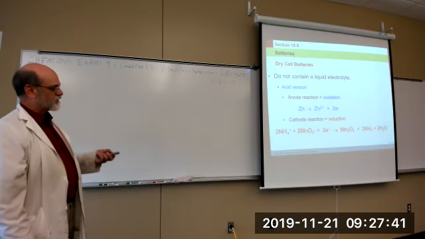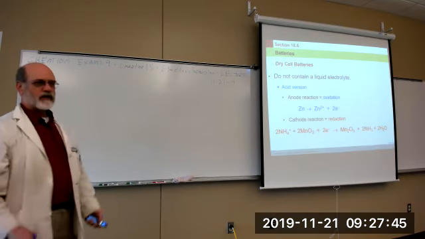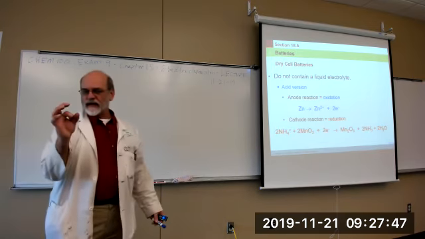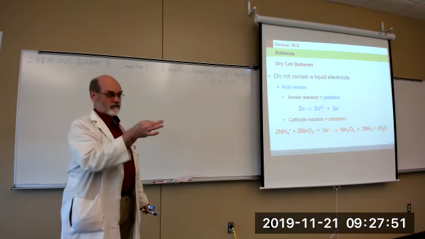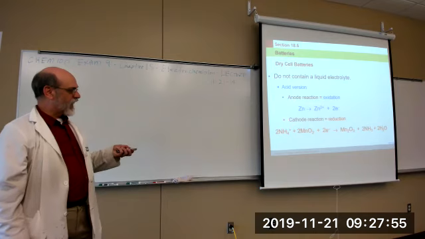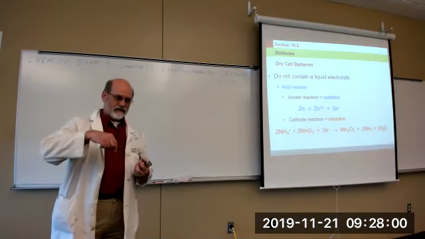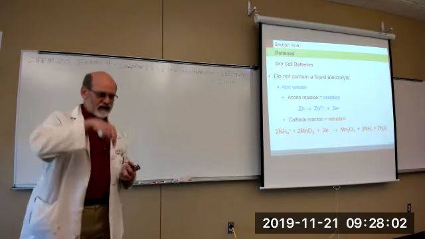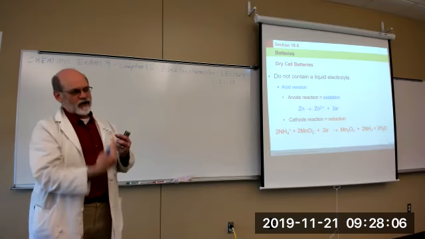The zinc cell, the battery casing is usually made out of zinc. So that's your anode. And then the cathode is actually buried in the middle, and you have this carbon rod going down in there.